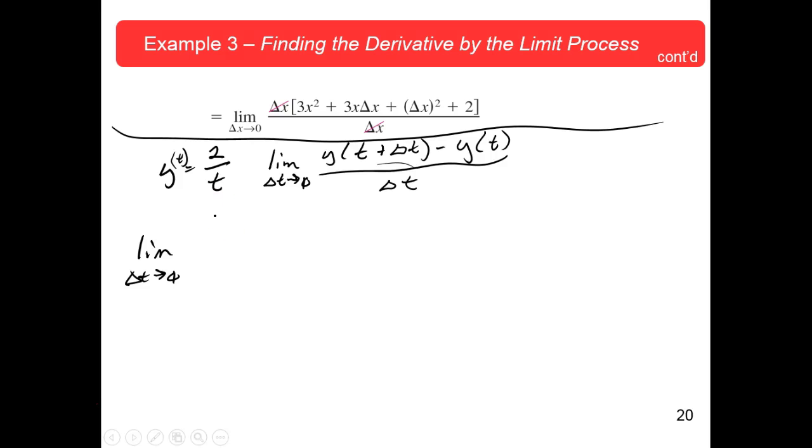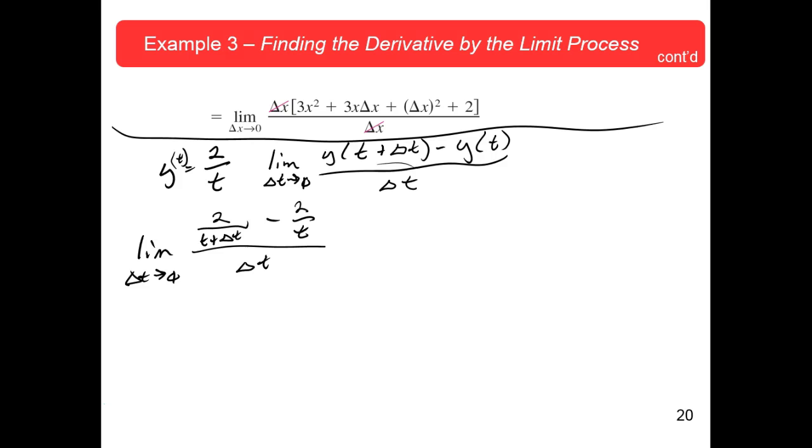The y function starts off with a 2 and divides by whatever's in the parentheses. And what would that be? 2 over t plus delta t minus 2 over t, over delta t.